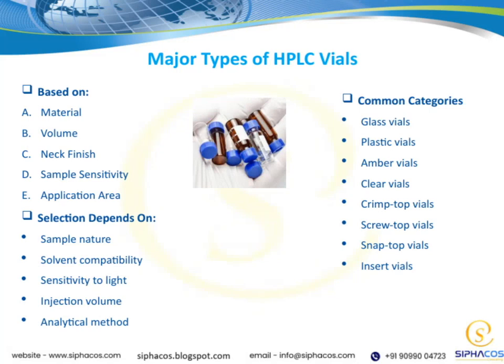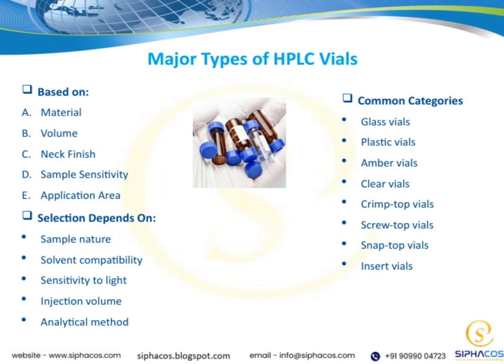Let's take a closer look at the major types of HPLC vials you'll encounter. When selecting a vial, you'll notice they are categorized by common features such as material, volume, and neck finish. For example, glass vials are widely used because they're inert and compatible with most samples. Plastic vials are a lighter, often more cost-effective option, though their chemical compatibility needs to be considered.